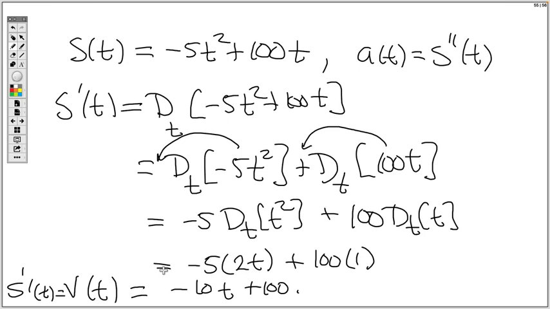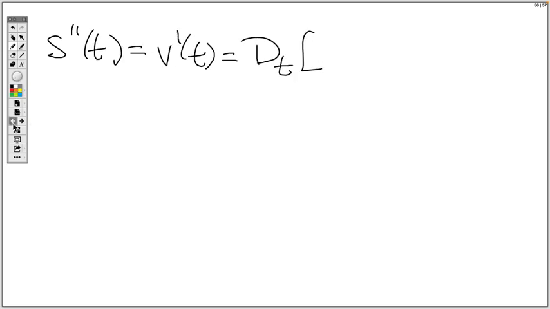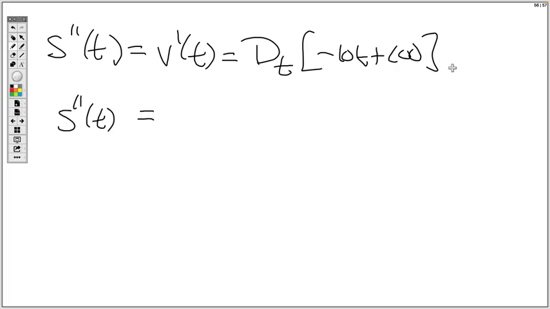Now to get to the second derivative, I just need to take the derivative of the first derivative. So s double prime of t, which would be v prime of t, that's the derivative of minus 10t plus 100. And once again, you could think of this as a linear function because it's t to the first power.